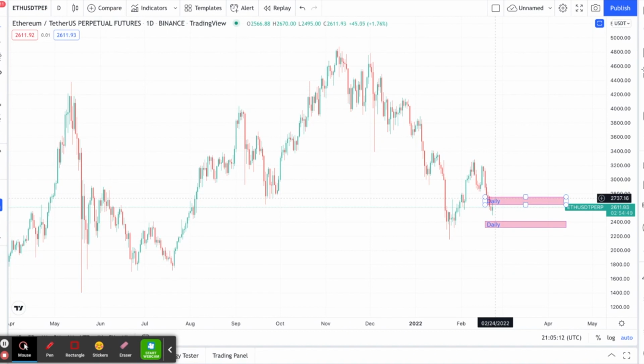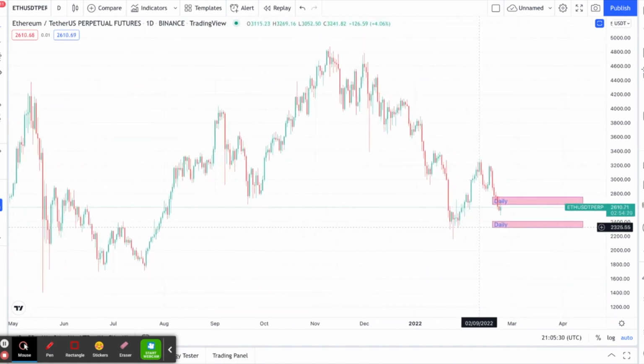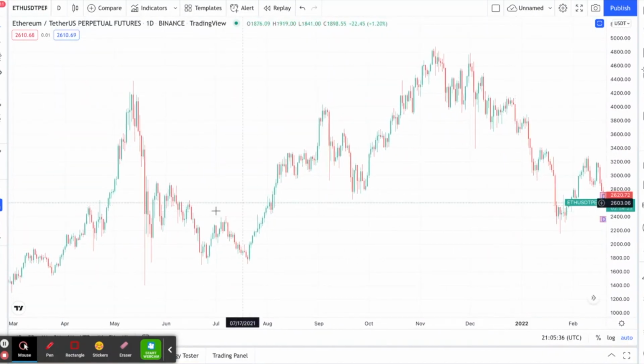It is out of range currently, and I'm just going to wait it out. The other daily support is this 24 down to 23 area. That's the other daily support that I'm hoping will end up holding. I'm hoping this first one ends up holding. I know we're out of it, but I hope we start turning around soon.